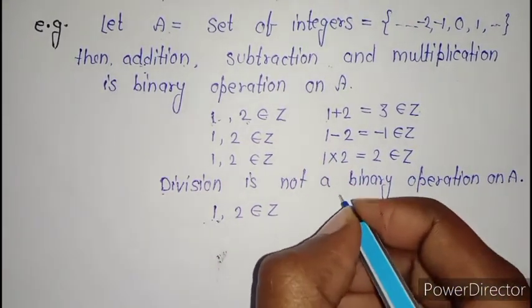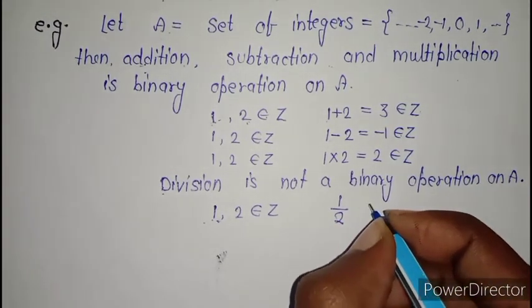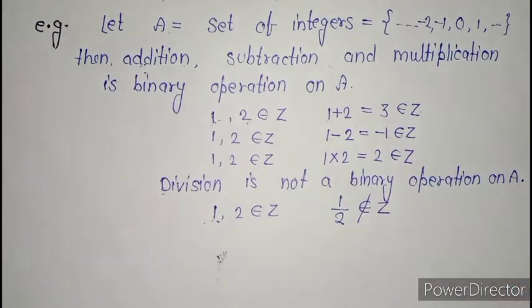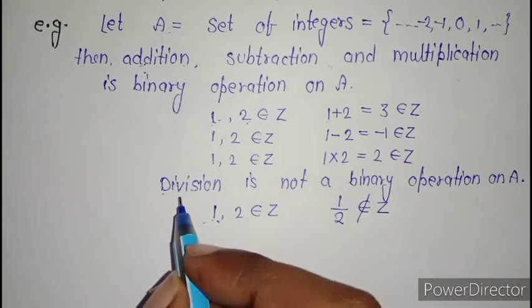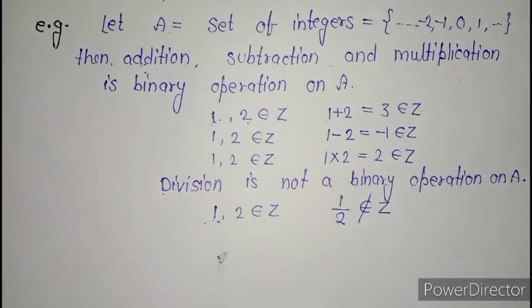But if we see, the division of these two elements is not an integer. So what we are getting is that division is not a binary operation for the set of integers. So in this way we can understand the concept of binary operation on a given set.